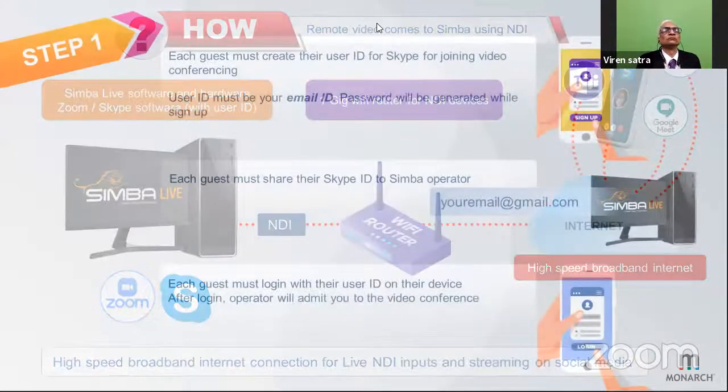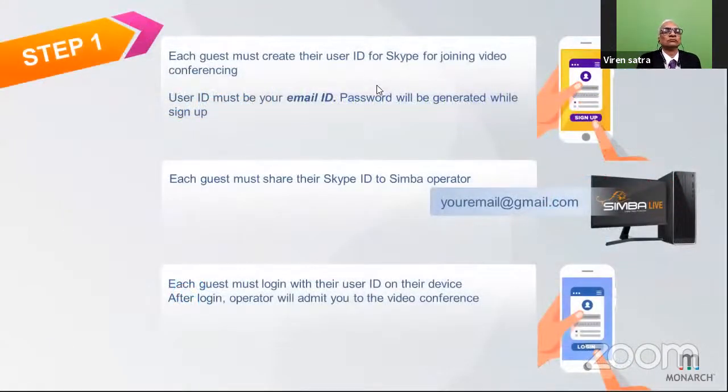But to get involved in any kind of event, you first need to create your Skype ID, because if you are going to send a call to the Simba system for your video conferencing, you must sign in with a Skype ID from where you can call the Simba operator.